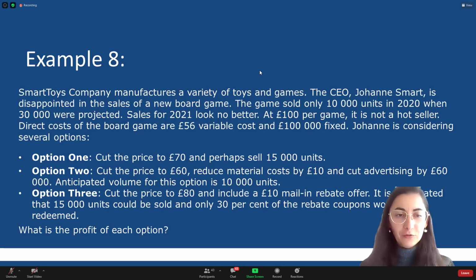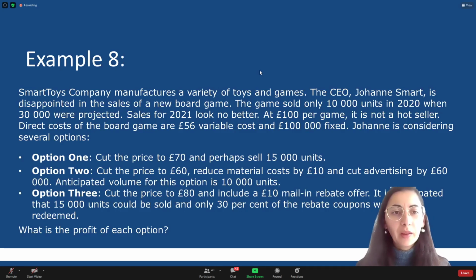So the profit for option 3 would be, in terms of fixed costs, they would remain the same. The option 3, taking into account the fixed cost, would be 215,000. How much? Sorry? 215,000. 215,000, exactly.